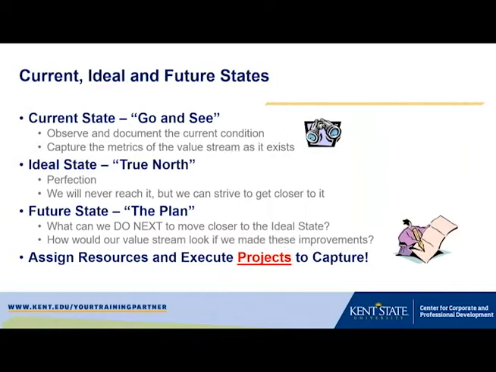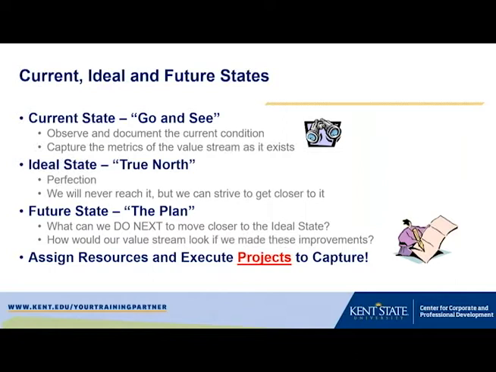We always have a reference. We always have the ideal state to look at as perfection, that true north condition. We know we will never reach it, but we're on a journey to get closer to it.